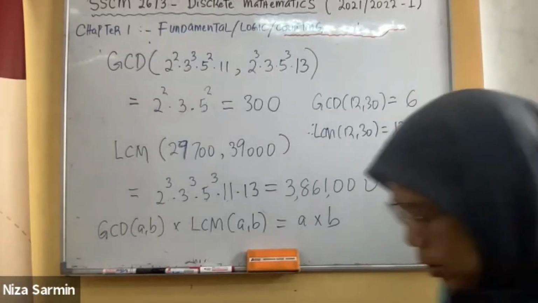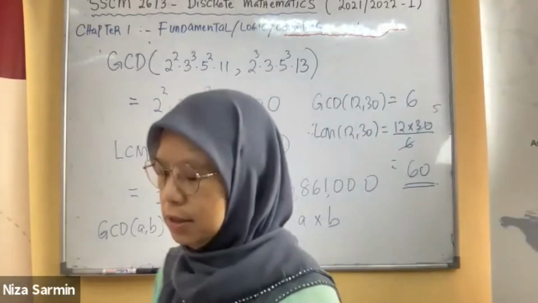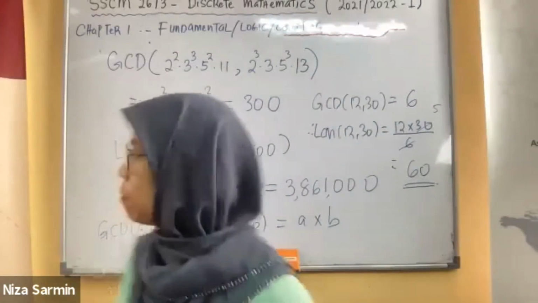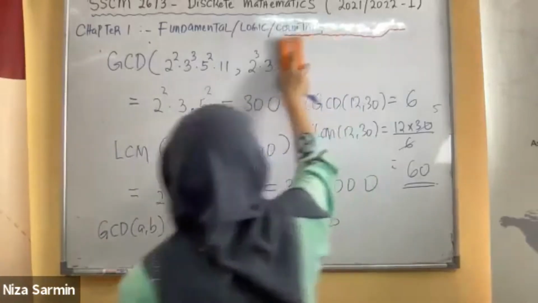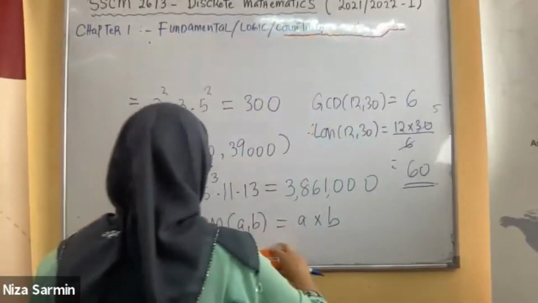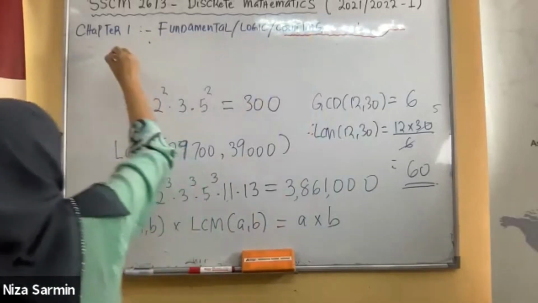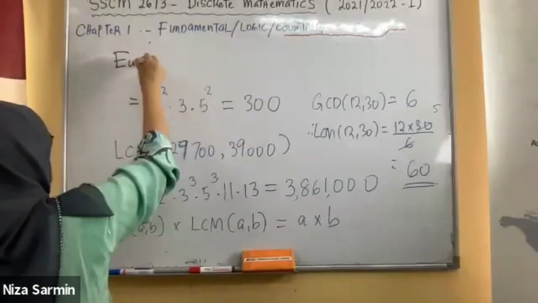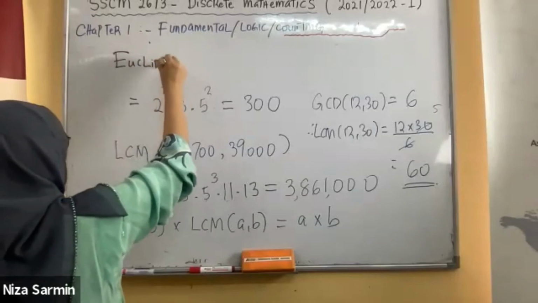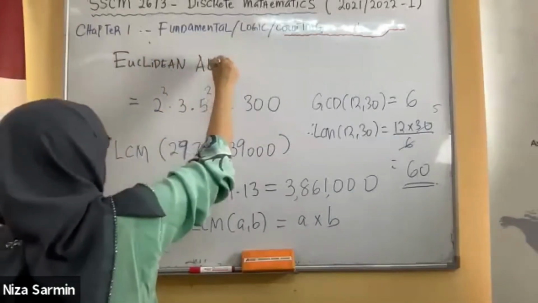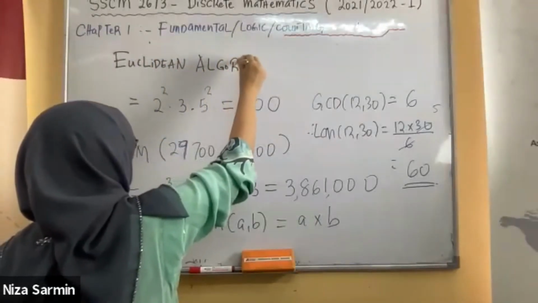So this is another way to find GCD and LCM. I am ready to talk about the Euclidean algorithm.